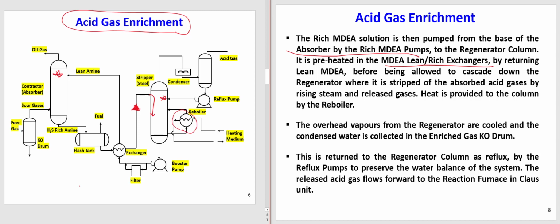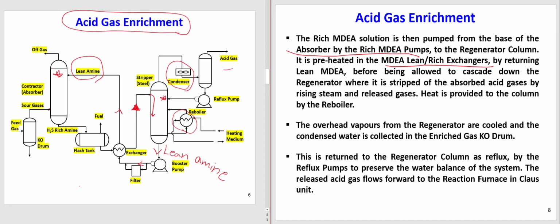At the top, you have a condenser. Once the amine, which is rich in H2S, goes through this distillation column, at the bottom you have a lean amine, which has a low amount of hydrocarbons, H2S, and CO2, that will be pumped to the absorber.